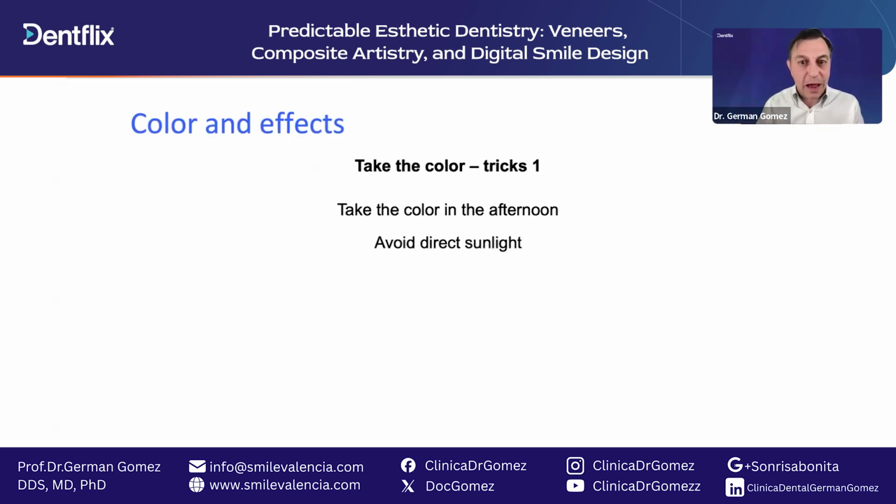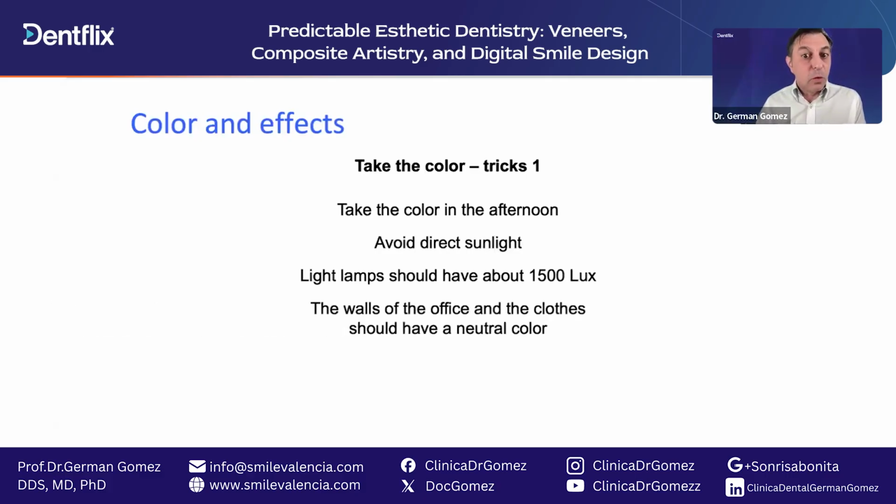Because the reflection of this direct sunlight makes the colors of the teeth look different. Then your light lamp should have about 1,500 lux because it's the best indication. Then the walls of the office and the clothes should have a neutral color that should not be reflected in the teeth. And, you know, this reflection on the teeth change the color of these teeth.